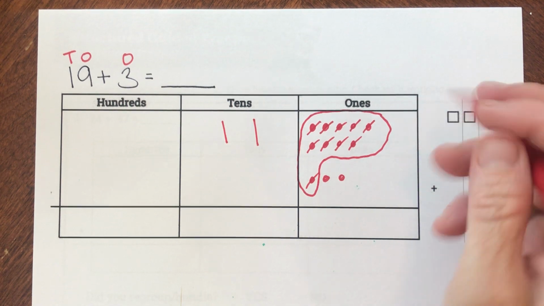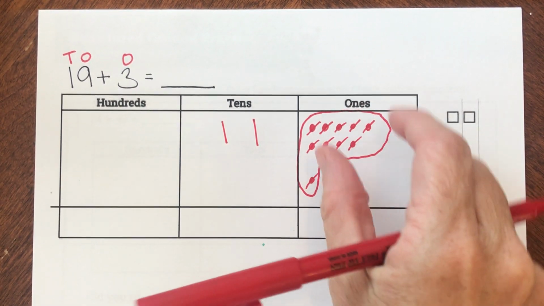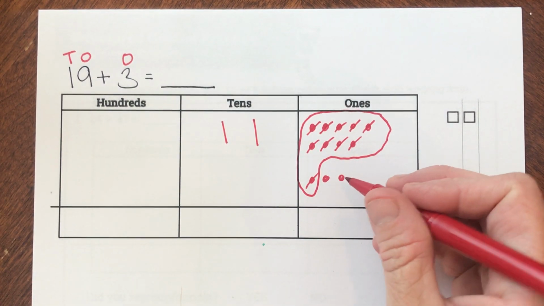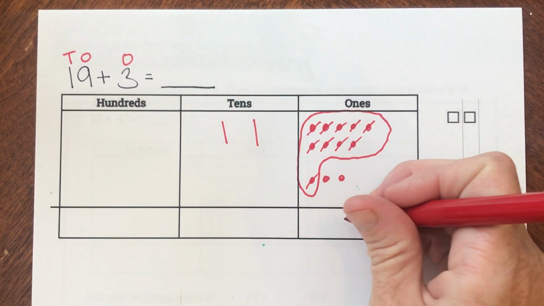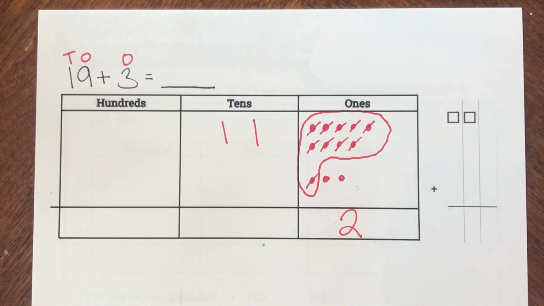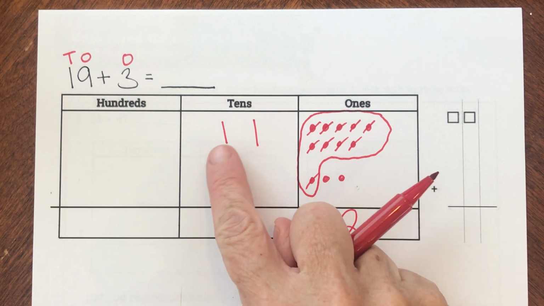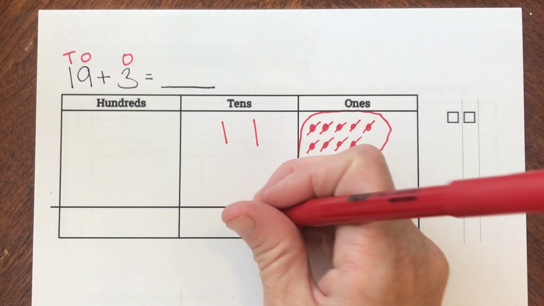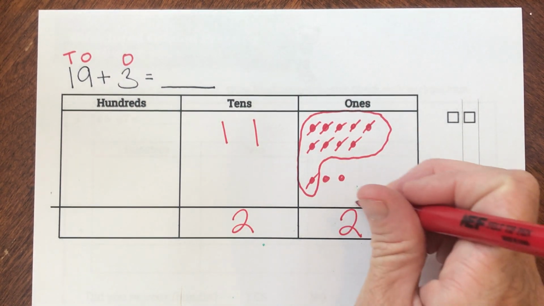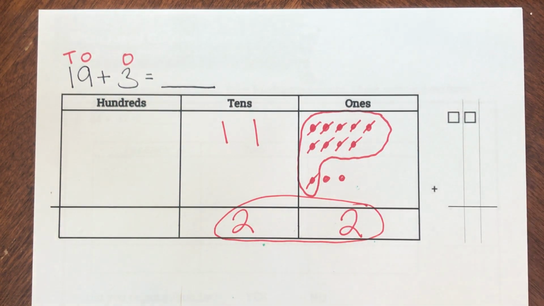Those 10 I don't have anymore because I moved them over here. So how many ones do I really have? I only have 2 ones. How many tens do I have? 1, 2 tens. So my answer is 22. My sum would be 22.